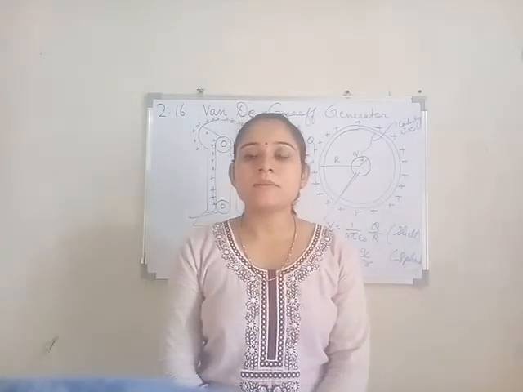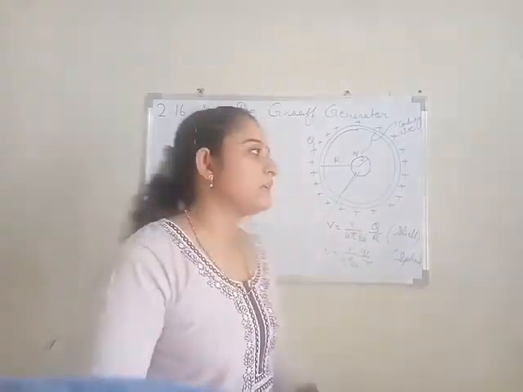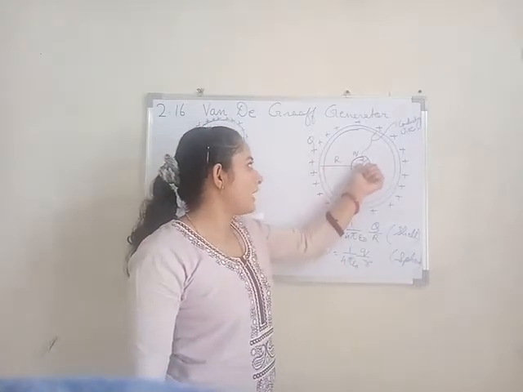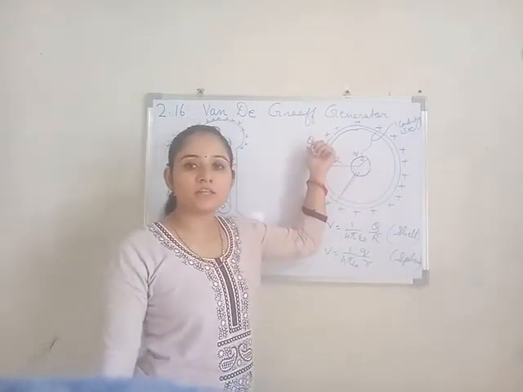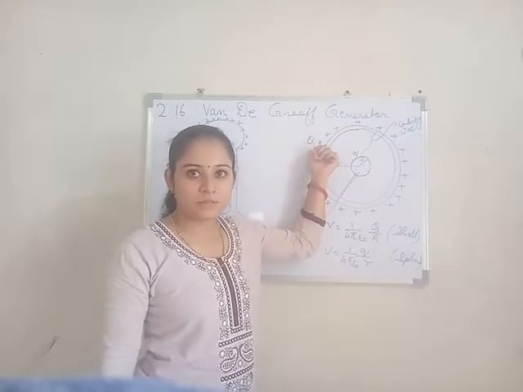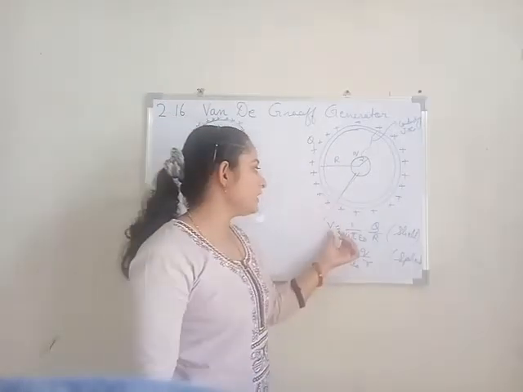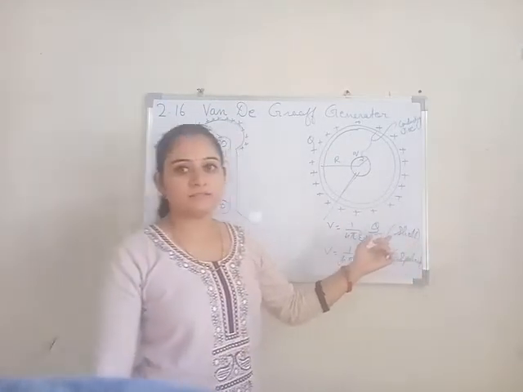So the basic principle of this Van de Graaff generator is, consider a small spherical shell having the radius capital R and charge accumulated on its surface is capital Q. Then the potential will be V equal to kQ by R for this shell.